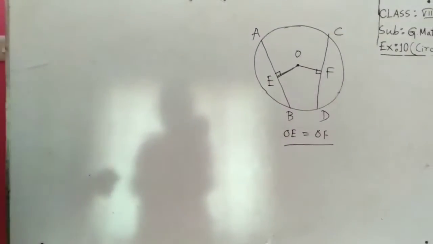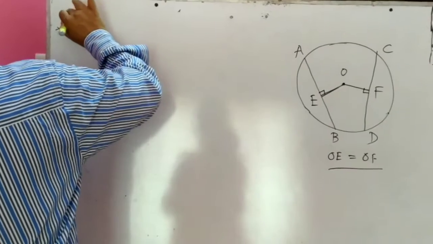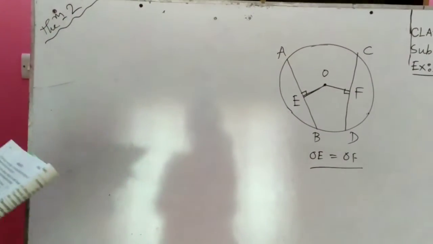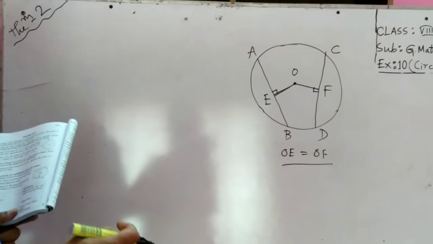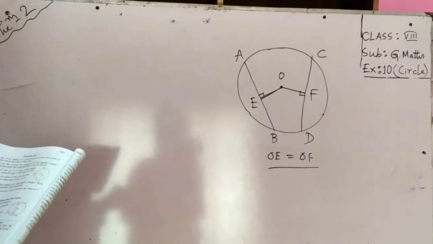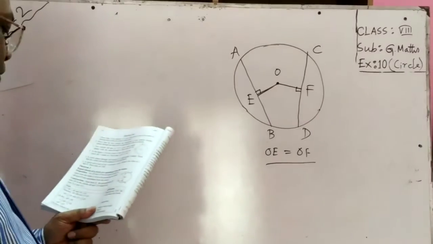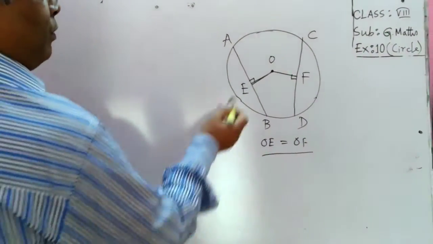There can also be a reverse of this. This is theorem 2. So the proposition: let AB and CD be two equal chords of a circle with center O. It is required to prove that AB and CD are equidistant from the center.